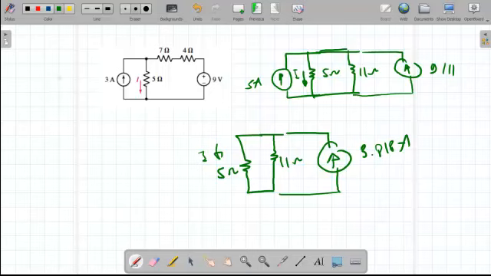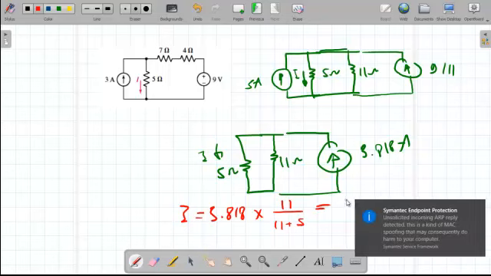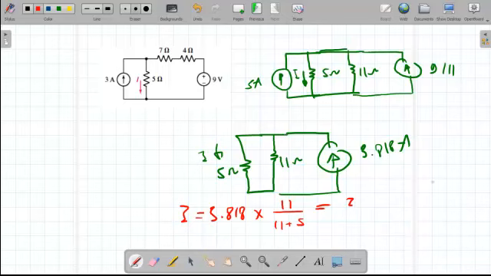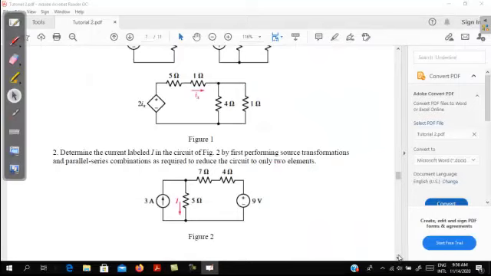So from here we can find that I will equal 3.818 times, we just apply current divider, times 11 over 11 plus 5, so this will equal 2.625 amp. We go to the third problem.